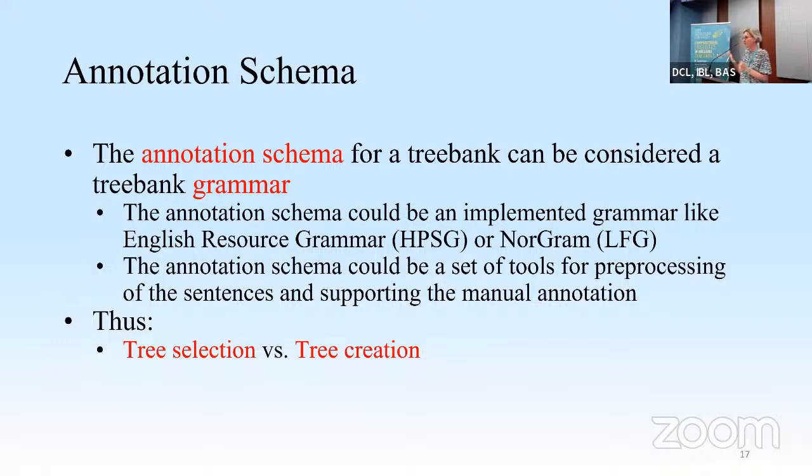If we have the part-of-speech tagger, named entity recognizer, and chunker, the shallow syntax, basically we have a good initial point to attach the final phrases into a tree bank. So in the first case we have tree selection, when we have a real computational grammar for a language, and in the second case we have tree creation. I had the opportunity to work in both ways.